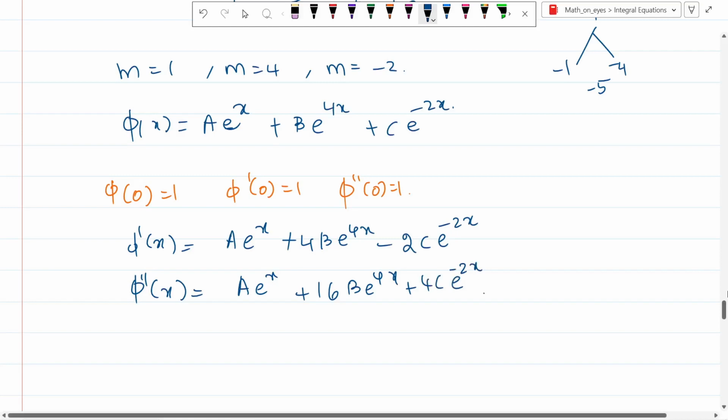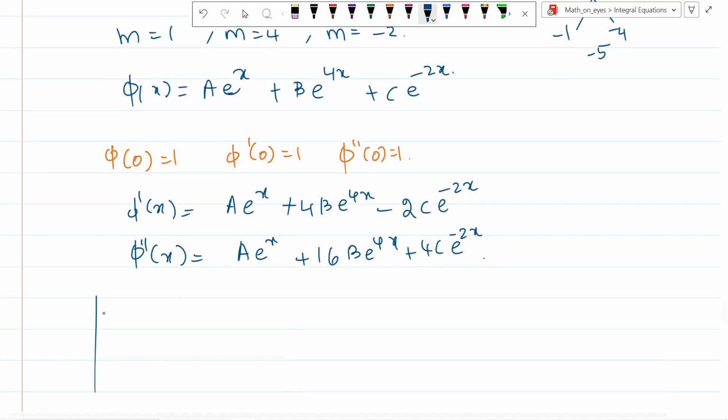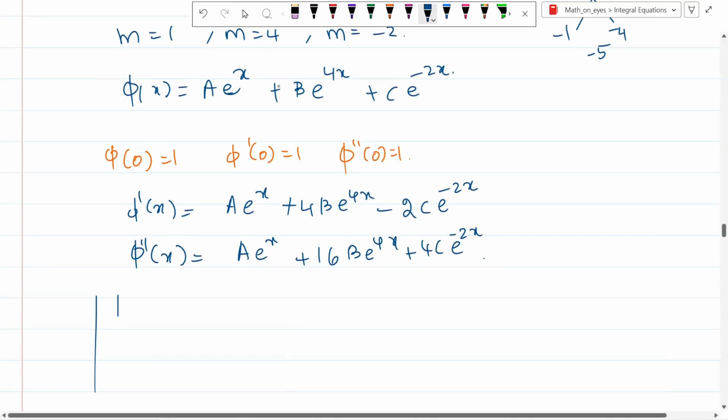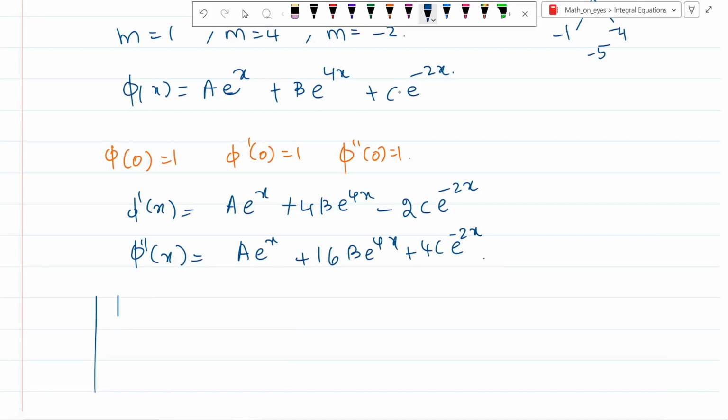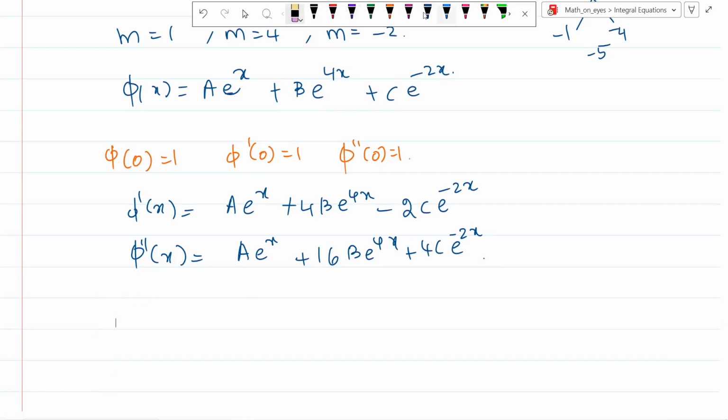Now I am going to solve the problem by matrix method. I have a, b, c as constants, 3 equations and 3 unknowns. Here I have e power x, e power 4x, e power minus 2x. Let me substitute and then take it into matrix form.